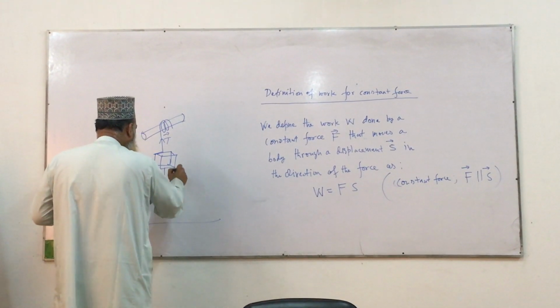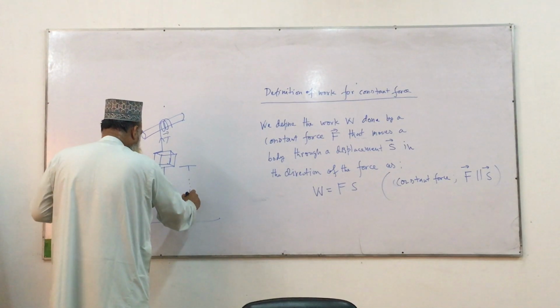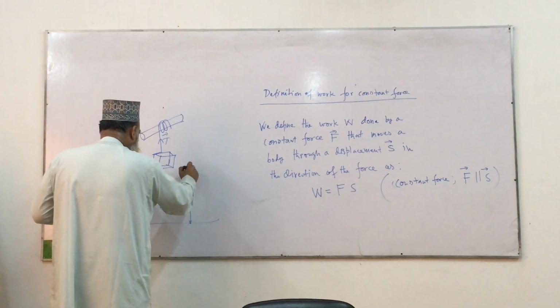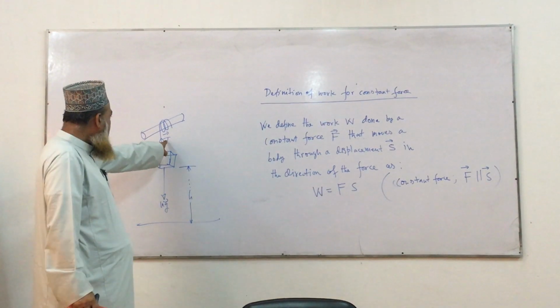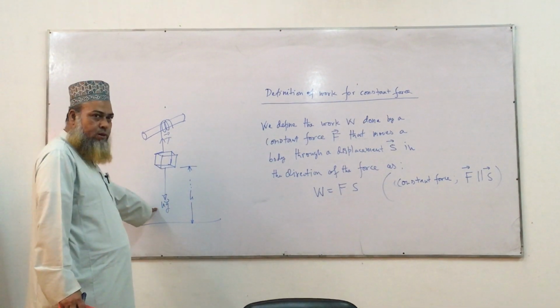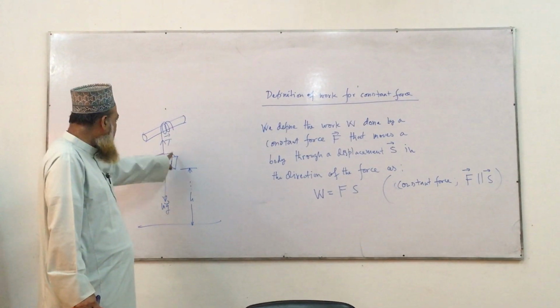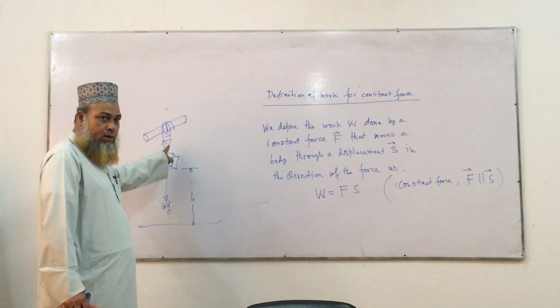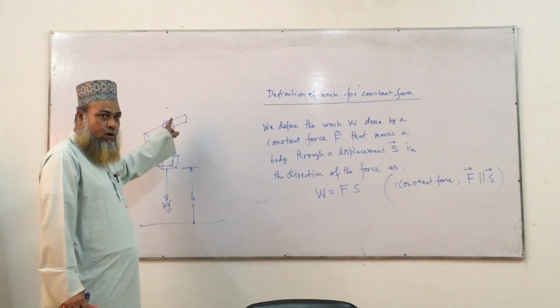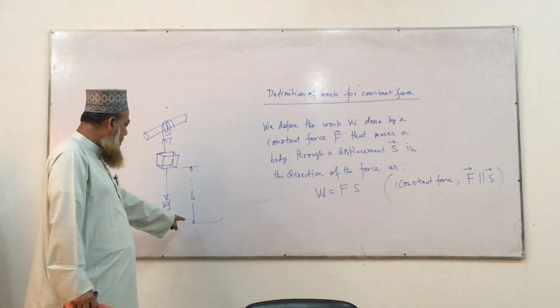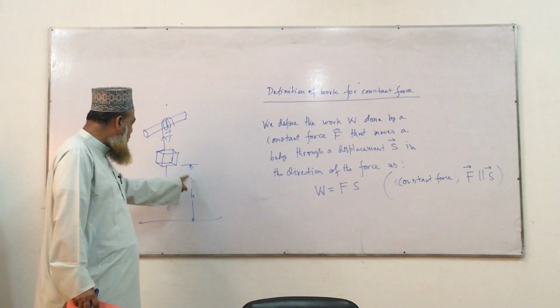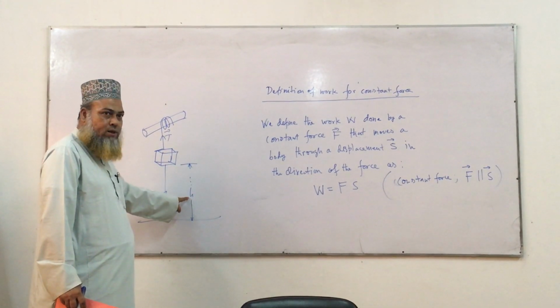Here is the ground, this distance is h. Here the tension force is equal to mg. Tension force T is raising the block up, and in moving from the ground this distance h.